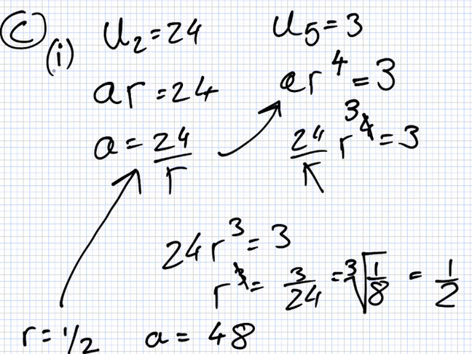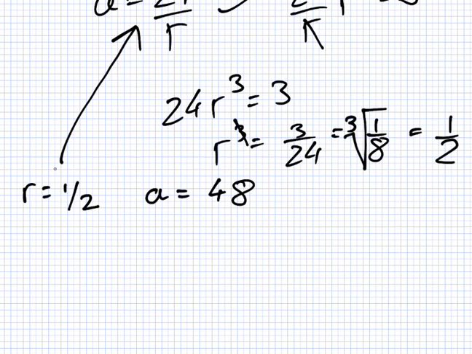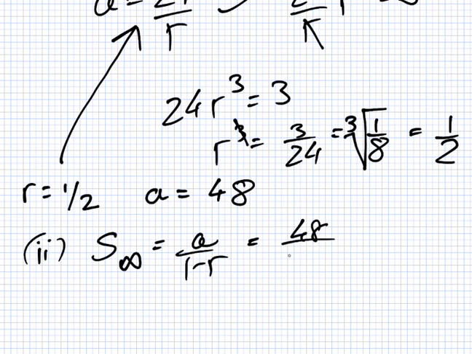Can I go on? Yeah. So, part 2 is they want the sum to infinity. It's in the formula book. The sum to infinity is a over 1 minus r. What's the a? 48. What's the r? A half. So this would be 96. 1 mark.